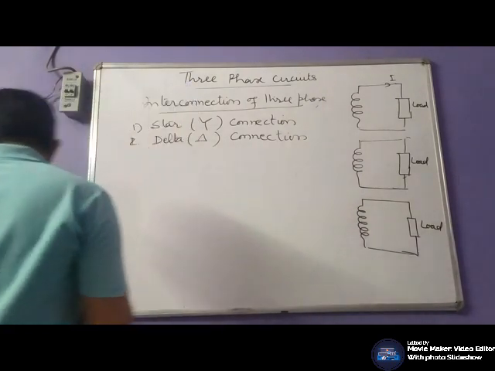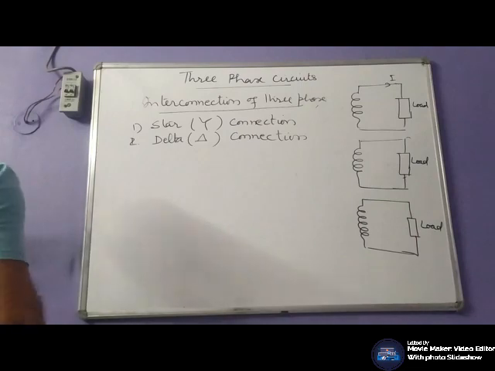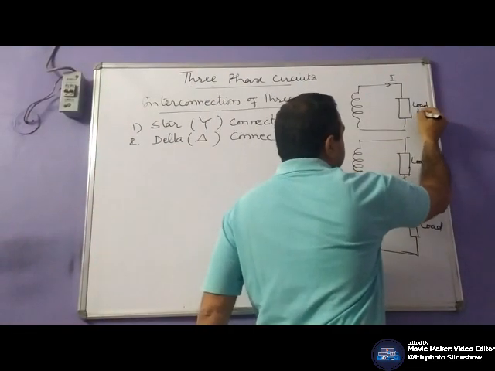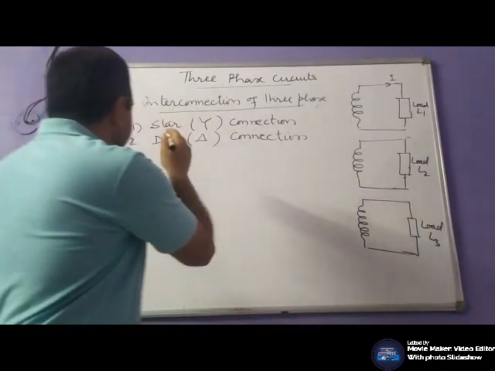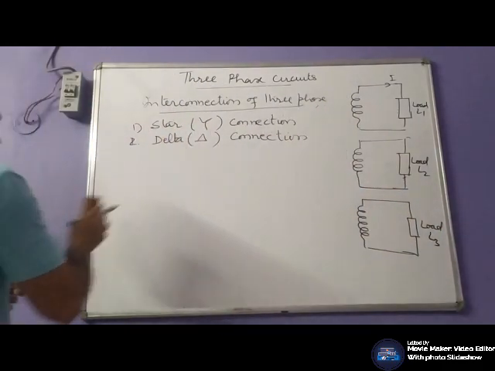So here we have three coils and three loads, L1, L2, L3. First we will discuss the star connection.